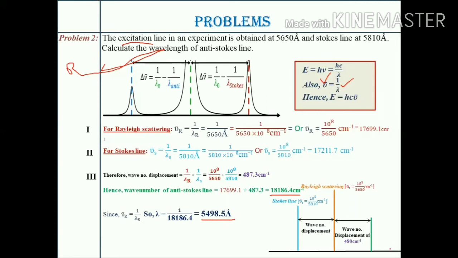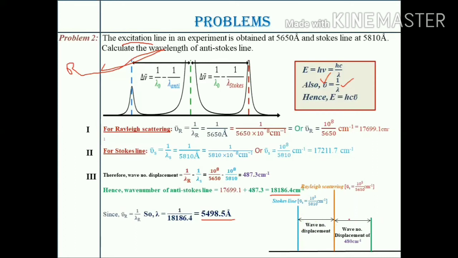Just remember one thing: if you know the value of the wave number of Rayleigh scattering, and the value of the wave number of a Stokes line, or let's say the anti-Stokes line also, you can attain the Raman shift by the difference between the two values.